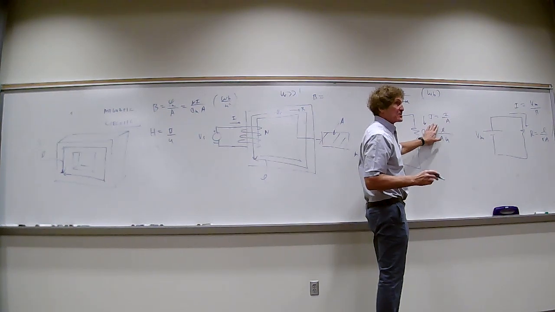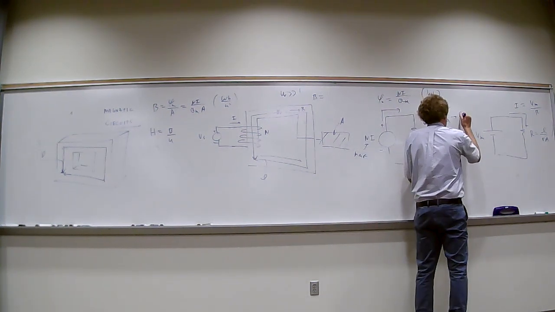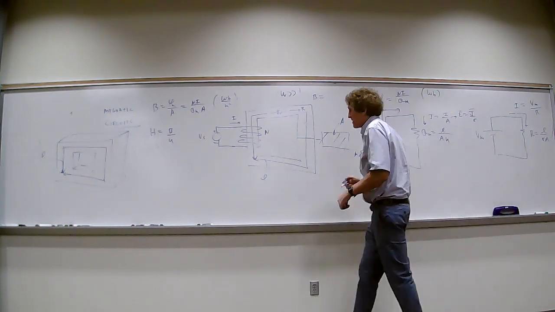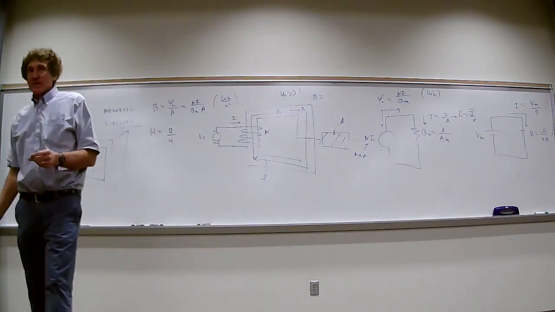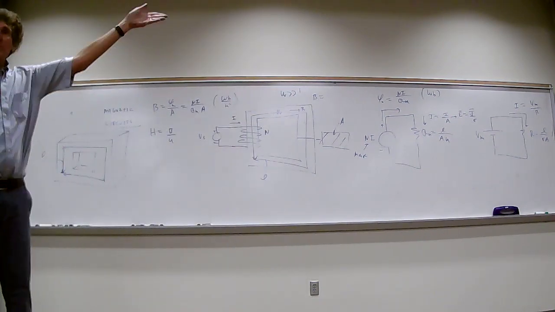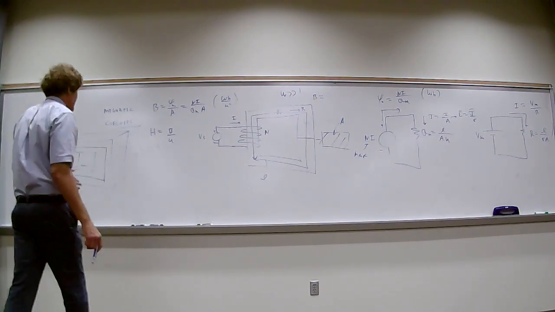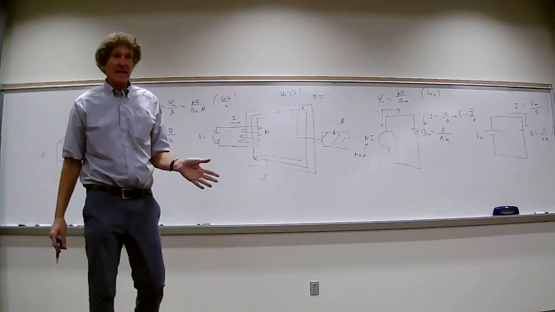If you divide J by sigma, you get the E field, right? So if you want the E field, you take J over sigma. It's the same exact analog to what we're doing here. The H field is like the E field. The E field is in volts per meter, correct? This is in amps per meter. Amps instead of volts, the magnetic analog.